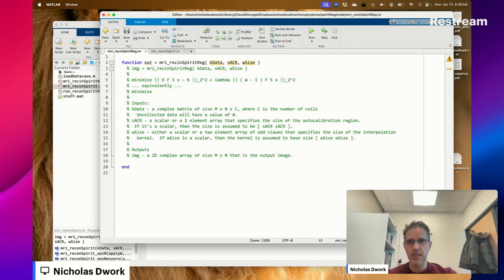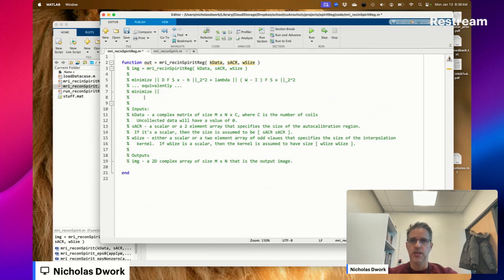So this is equivalent to minimizing... This is going to be hard to put into... D, F, S on the top, W minus I, F, S on bottom. So this is a block matrix now.